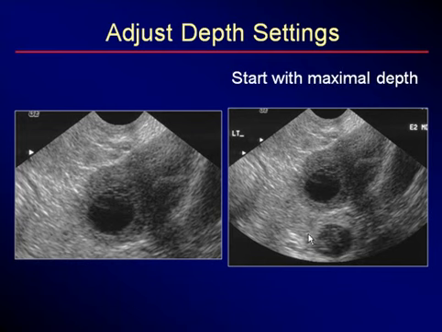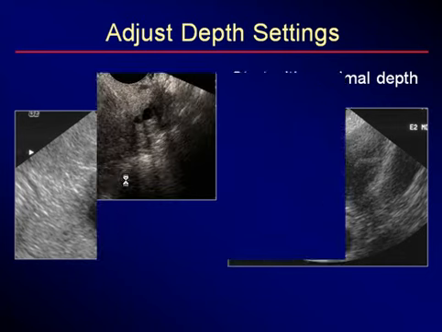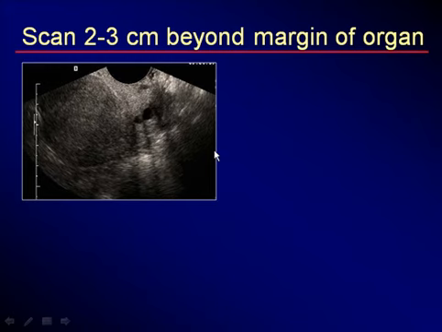So we have to start with maximal depth, then focus closer on an area of interest. We should image so that there's a 2 to 3 centimeter margin beyond the border of any mass, so that we don't miss exophytic or adjacent masses.